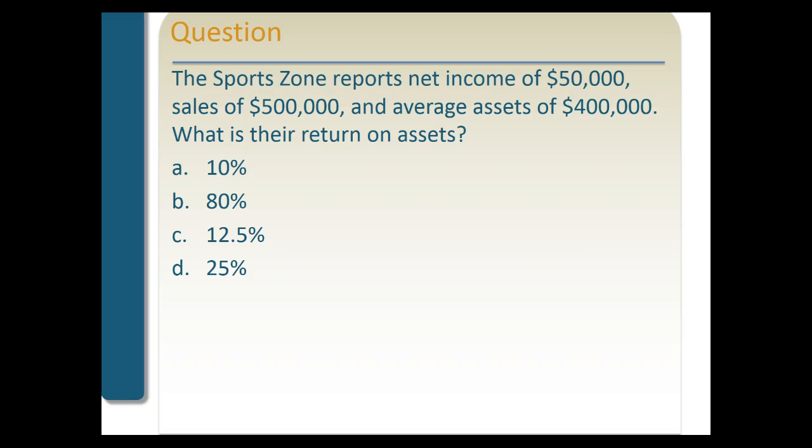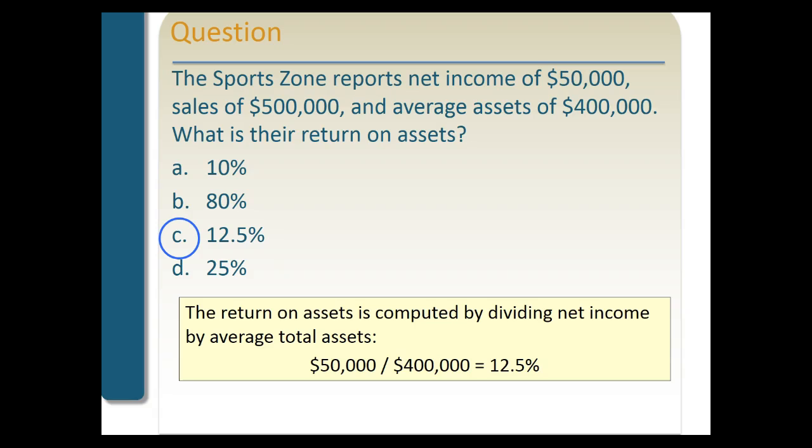The Sports Zone reports net income of $50,000, sales of $500,000, and average assets of $400,000. What is their return on assets? $50,000 divided by our average assets gives us a return on assets of 12.5%.